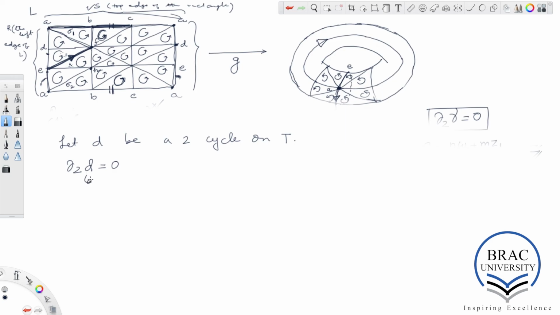What does that mean? It means that del 2D is 0 on every one simplex that is not in G of mod of boundary of L. Okay.